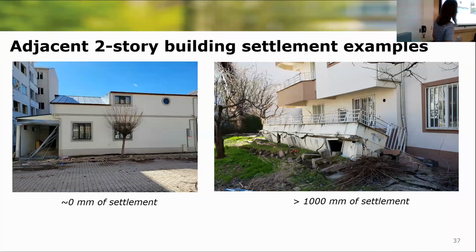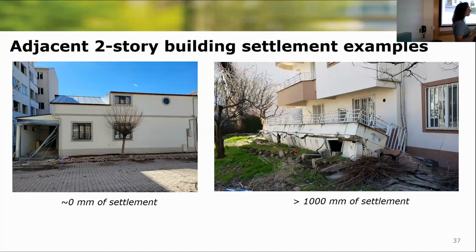This is an example of two buildings that were adjacent to each other. This is a residential building, actually 2 stories, sorry, a 2-story building that performed very well. We didn't observe any settlement at it, and there wasn't any apparent damage. Adjacent to it, a different 2-story building.